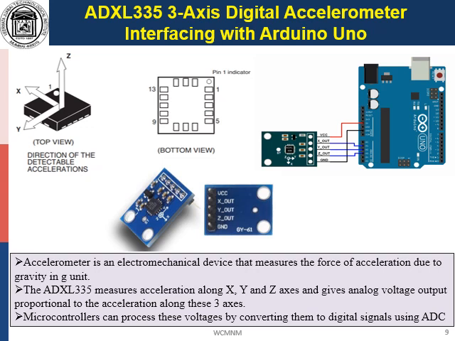The ADXL335 variant measures the acceleration along X, Y and Z axes to give an analog voltage output, which is directly proportional to the acceleration along the 3 axes. The accelerometer output was connected to a microcontroller, which can process the output voltage by converting it to a digital signal using an analog to digital converter.